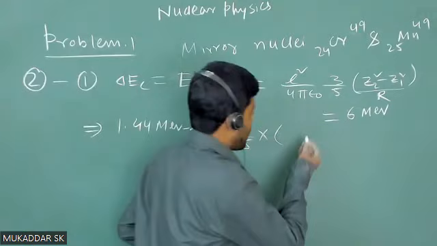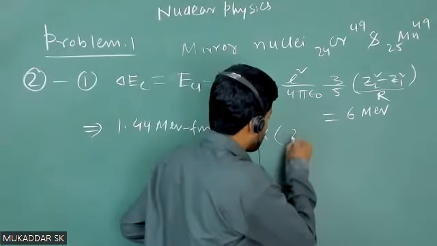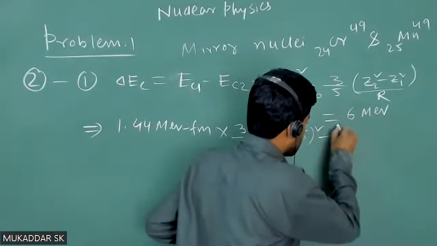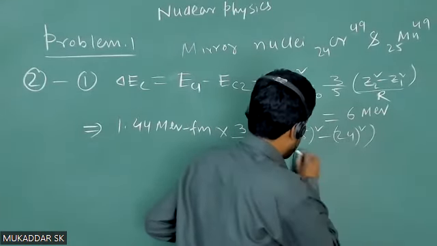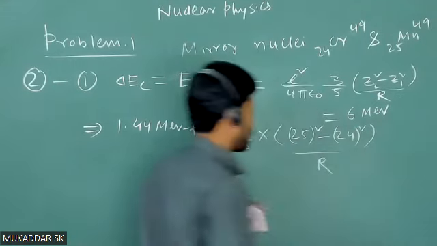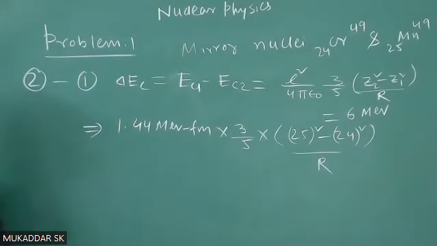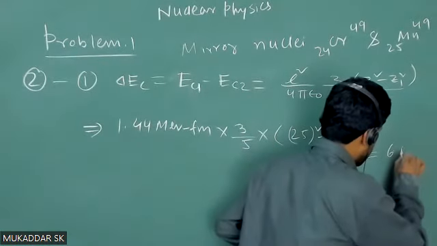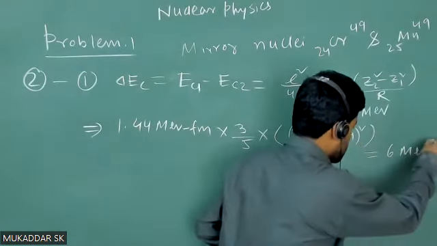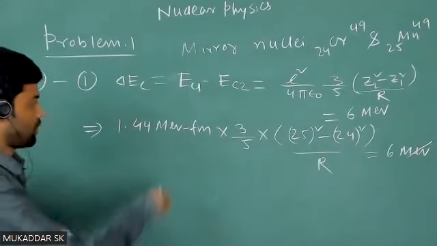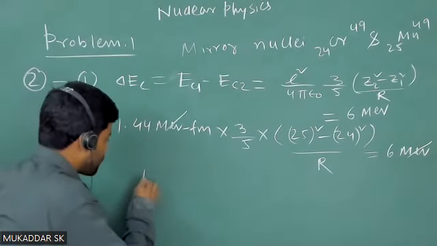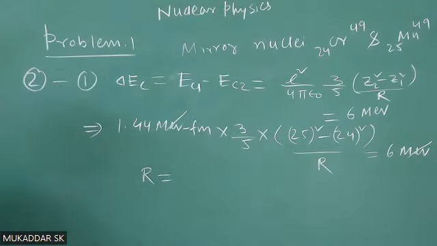So Z2 is the atomic number of manganese, that is 25 square minus 24 square divided by the radius of either chromium or manganese, and that will be 6 mega electron volt. So this mega electron volt will be cancelled with this.